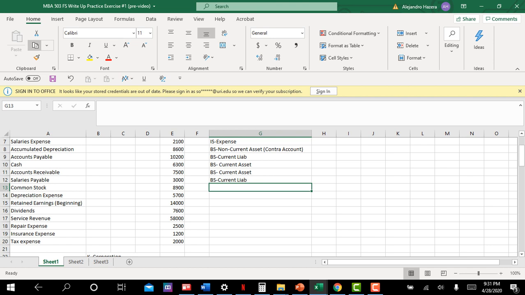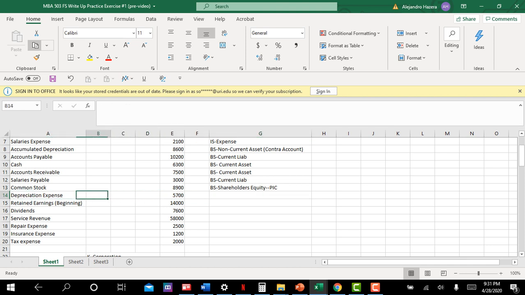Common stock is balance sheet. I'm going to say it's shareholders' equity, and it is PIC, paid in capital. Remember, there are two categories of shareholders' equity: paid in capital and retained earnings.